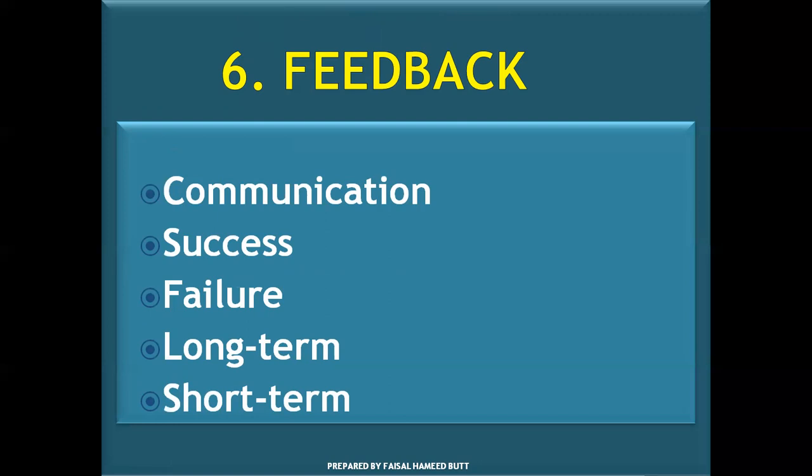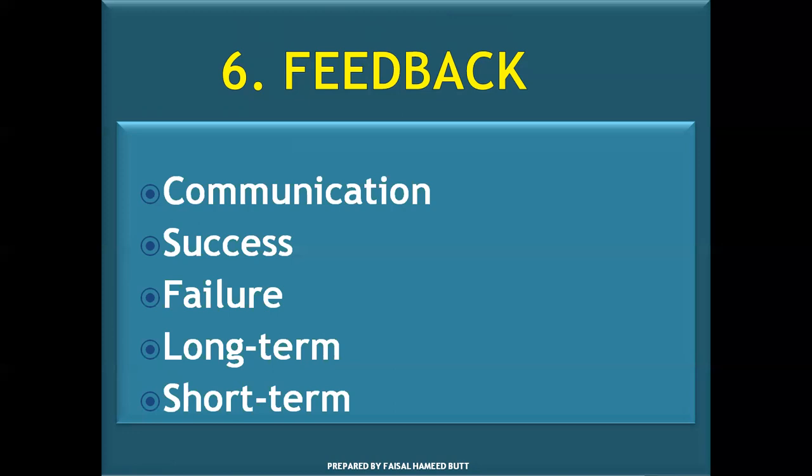It is the response to the sender's communication that tells the sender whether his communication is successful or not. It is just like a mirror which shows one's strengths and weaknesses. It also provides an opportunity to improve communication. For this, one has to analyze feedback neutrally. Don't be biased. Otherwise, feedback cannot benefit you.